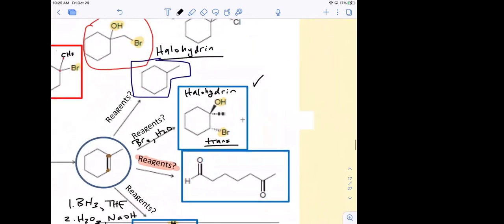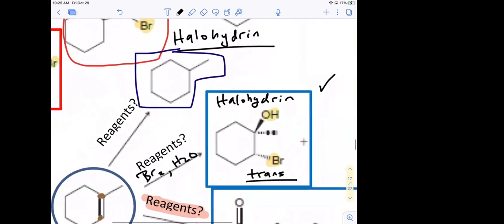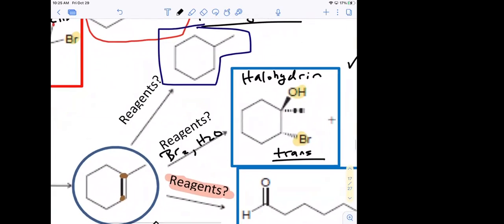All right, what about this one up top? What did I do to that alkene? Give me one set of reagents, one reaction that can take the alkene down to an alkane.